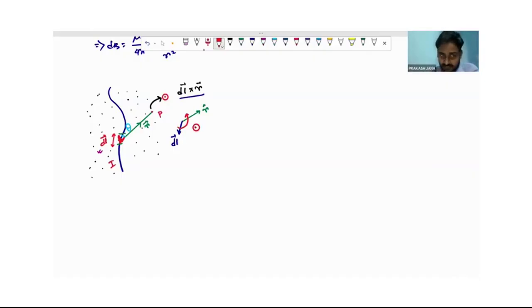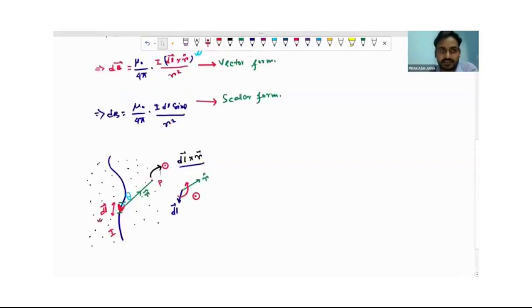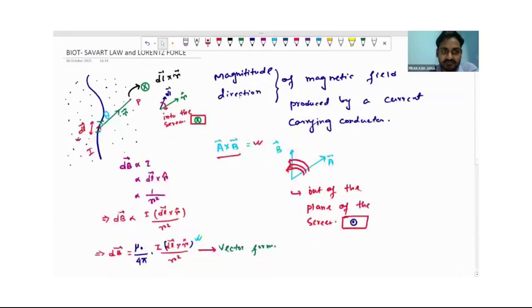Okay. Now we'll discuss some applications of the Biot-Savart law. Some simple examples, the introductory examples, we will not go into depth.